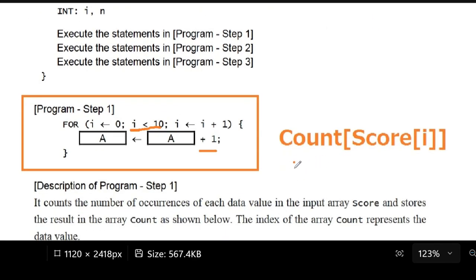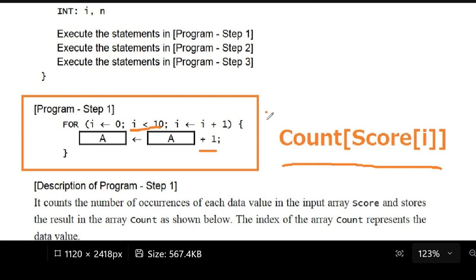Therefore, if we're going with this as the best answer, we need to explain how I arrived with count, bracket, score, bracket I, bracket, bracket. Okay, remember that if we're starting from score, the value of I starts from 0 until we reach 9. Because once we reach 10 in the count inside this for loop, we stop.